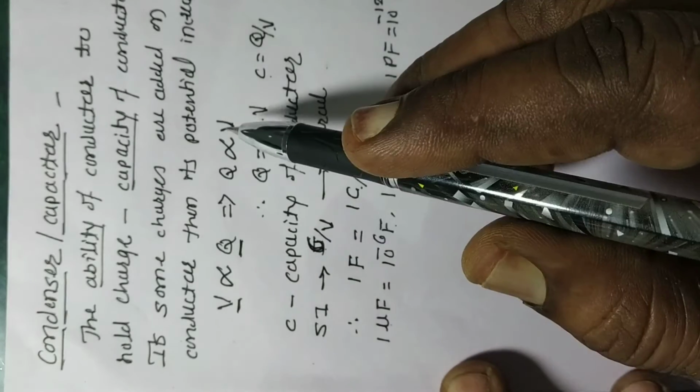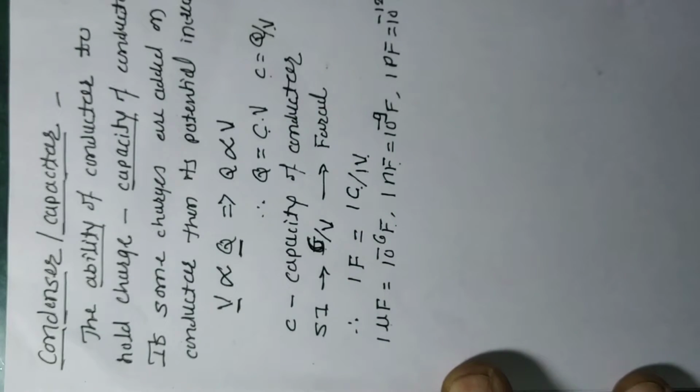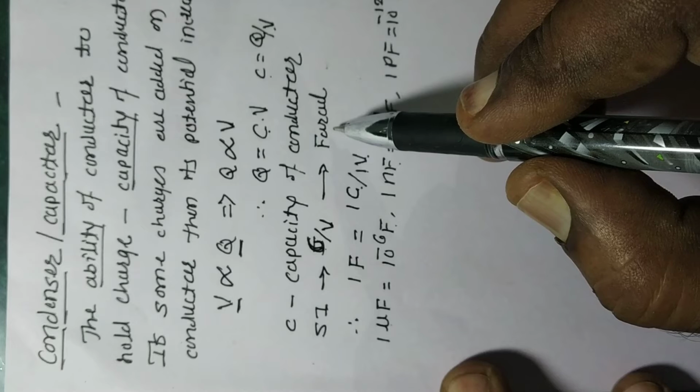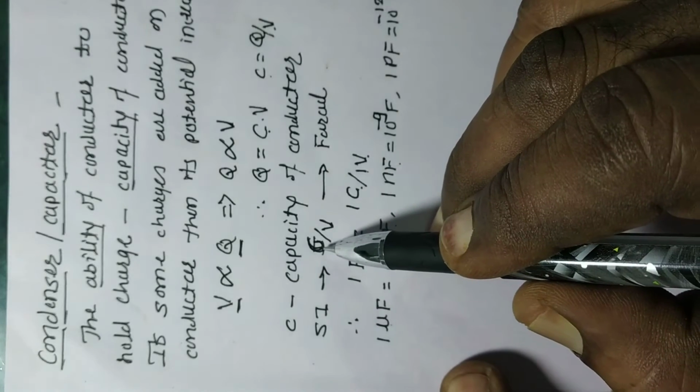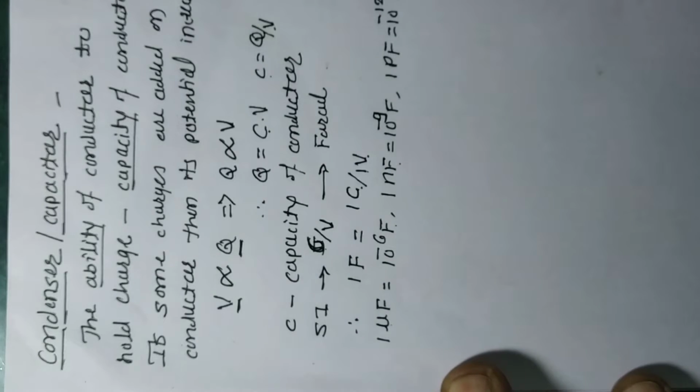This is about capacity of conductor. SI unit farad or coulomb per volt.